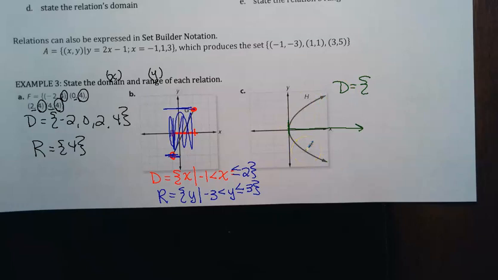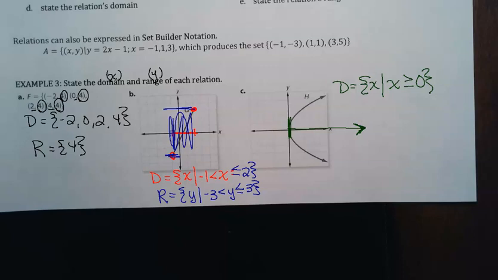So we're going to have to use set builder notation. So we're going to say x such that x is what? Well, it comes all the way down here to 0, right? So x can be greater than or equal to 0. Right, because this side doesn't end, so we just need the one inequality.